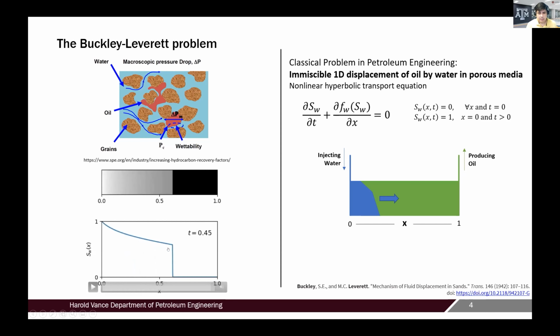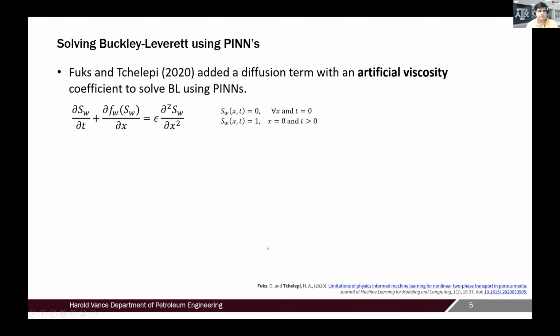This is the problem that I'm trying to solve with PINNs. Last year, Fuchs and Chalapi at Stanford University, to solve with PINNs, added a diffusion term, as you can see here on the right side of the equation, with an artificial viscosity.